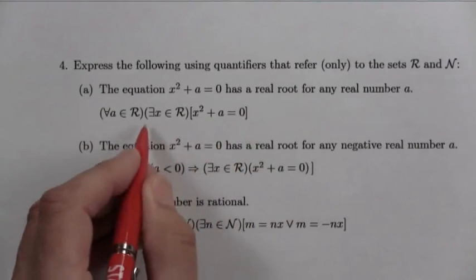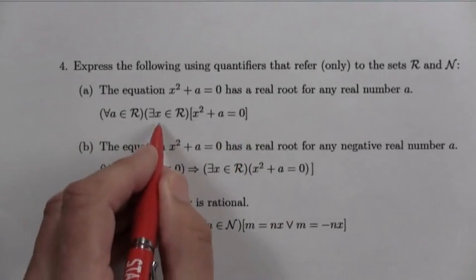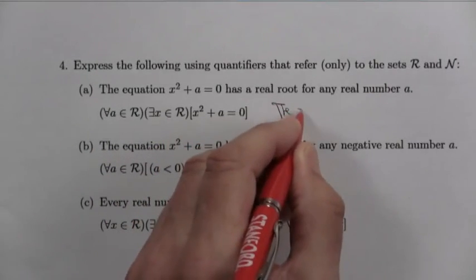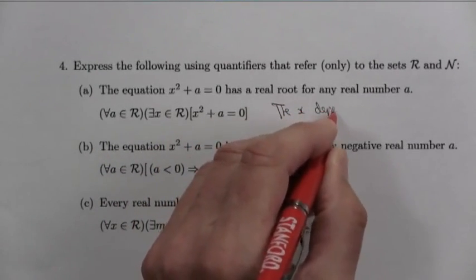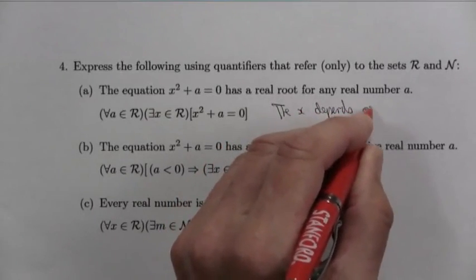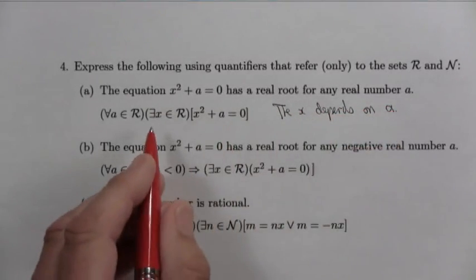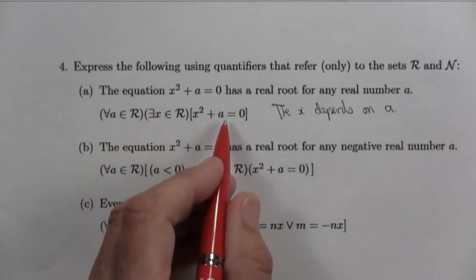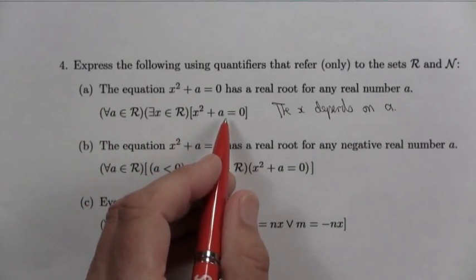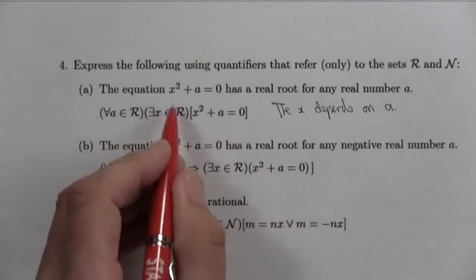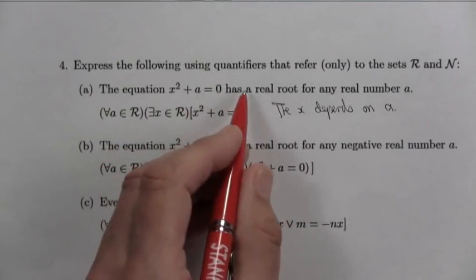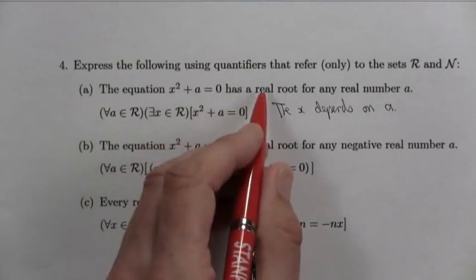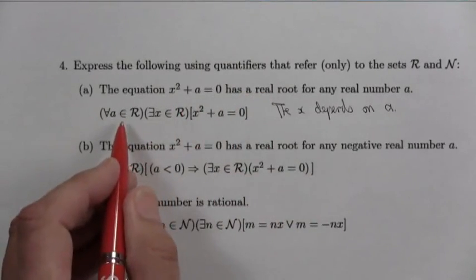When you have a pair of quantifiers, when you read left to right, you have to assume that the x depends on a, which we know. We know that for different a's, you have different x that solves the equation, if you have a solution to the equation. I'm not saying these are correct in the sense of true or false. Whether something's true or false is another issue. The focus here is how you express a statement formally within mathematics.